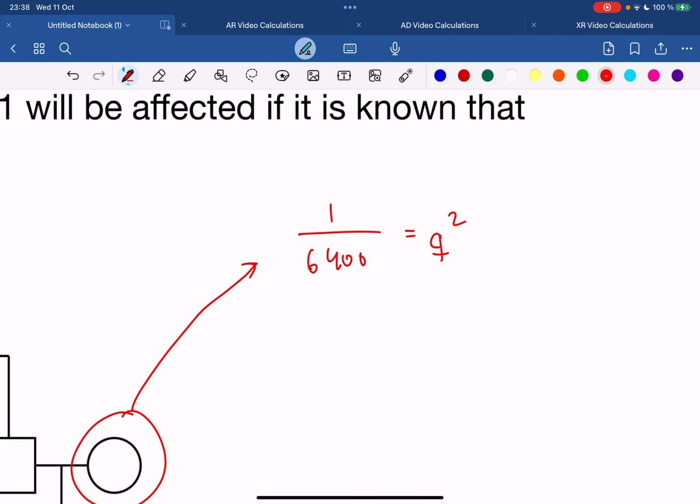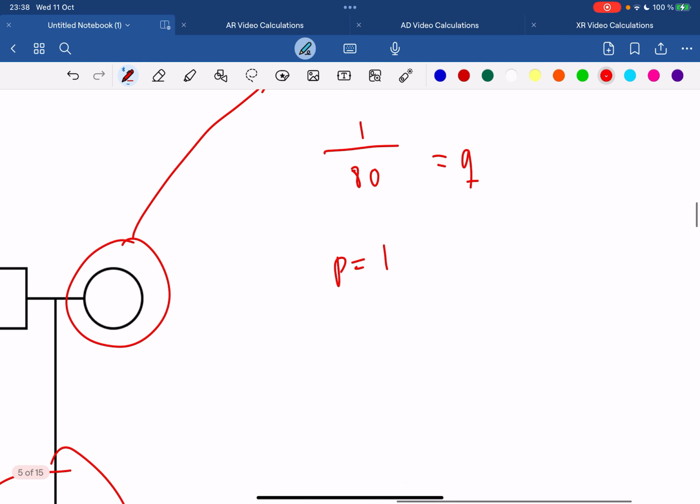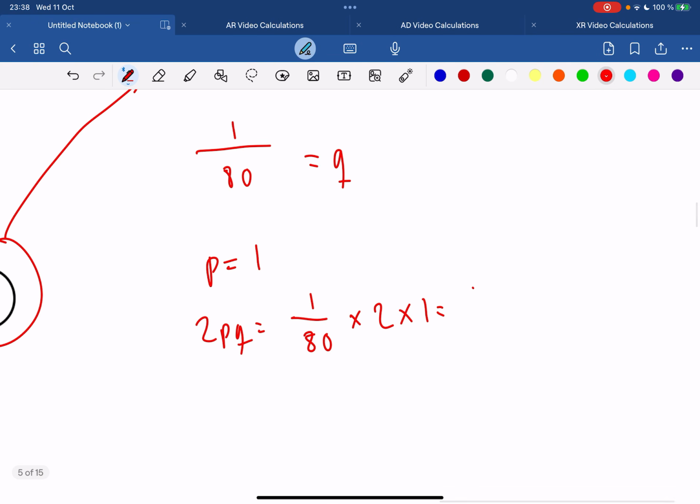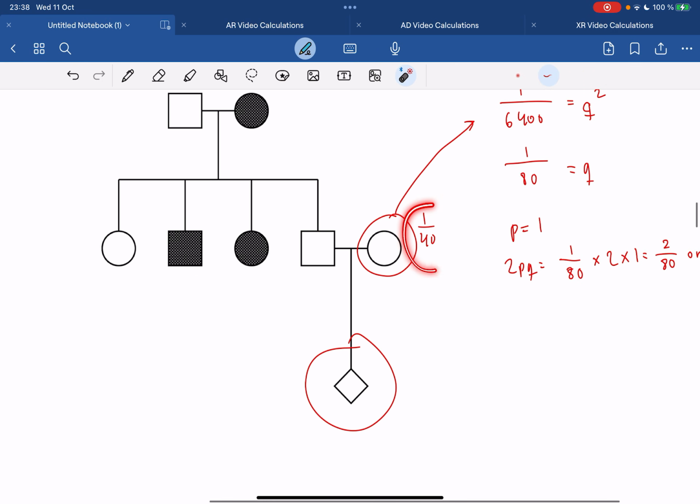That means that Q is equal to 1 in 80, because you just take the square root of that. P is also always equal to 1, so that means that 2PQ is equal to 1/80 times 2 times 1, which is equal to 2/80, or 1/40. So we know immediately that this person has a 1 in 40 chance to be a heterozygous carrier.